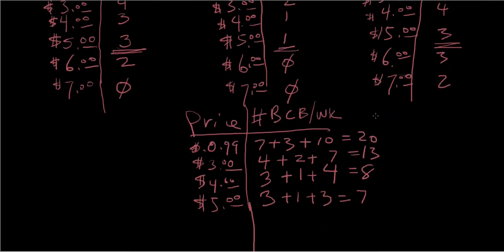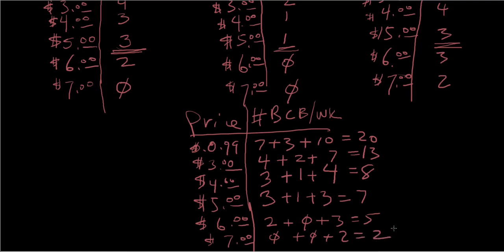And likewise, if it's $6, it's 2, 0, and 3, so 5. And $7: 0, 0, and 2, so 2.